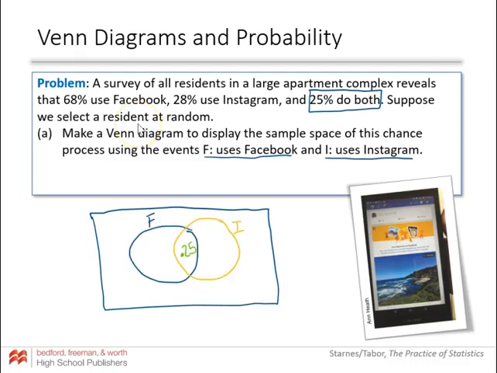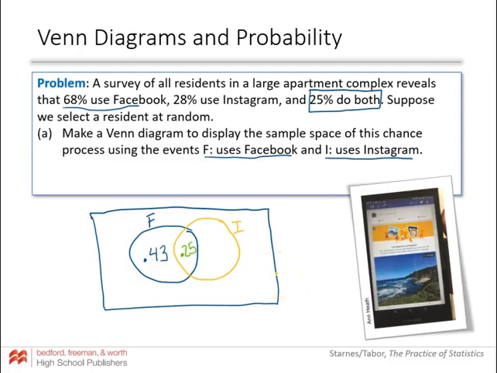I added some color so that we can make this a little easier to see. 68% of the residents use Facebook, which means my blue circle has to equal 68%. I already have 25 in the overlap, so out here it's going to be 68 minus 25, or 43%, because my blue circle together has to add up to 68.